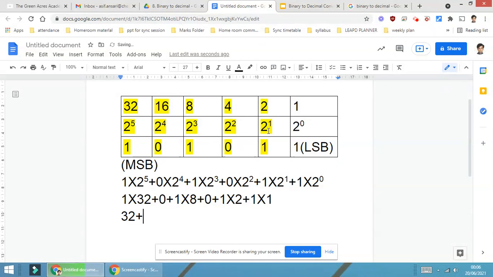So what I'm getting is 32 plus 0 plus 8 plus 2 plus 1. What is 32 plus 8? 40. And 40 plus 3, what is the answer? The answer is 43. So in this particular way, you are able to convert a binary number into decimal numbers.